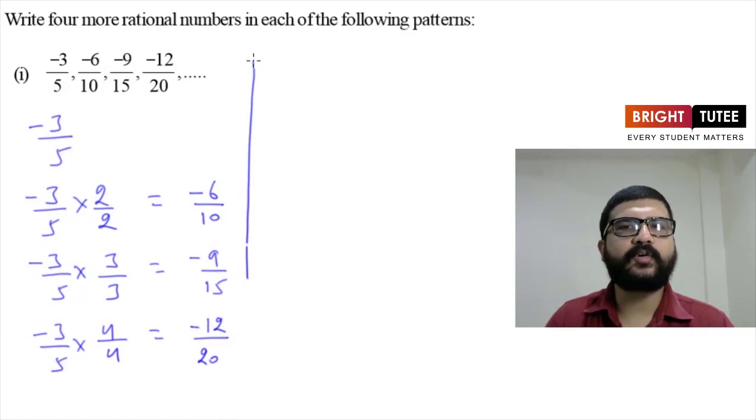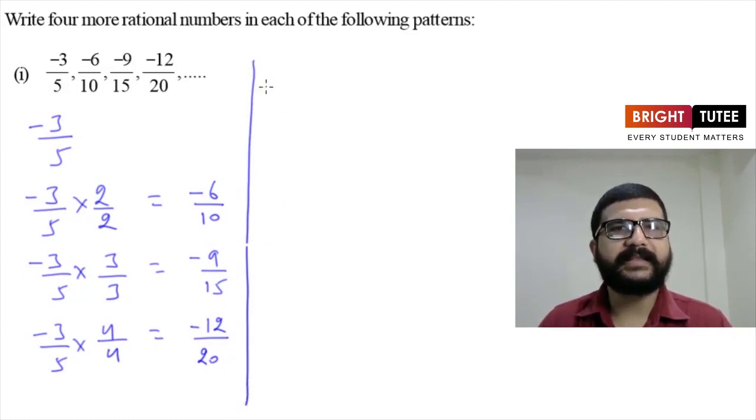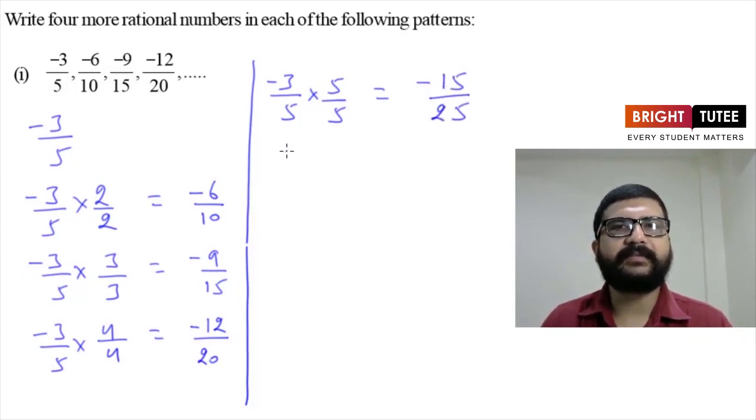Now we need 4 more rational numbers, and they will be like this: minus 3 upon 5 into 5 upon 5. This will give us minus 15 upon 25, and then we will have minus 3 upon 5 into 6 upon 6. Now this gives us minus 18 upon 30, and then minus 3 upon 5 into 7 upon 7.